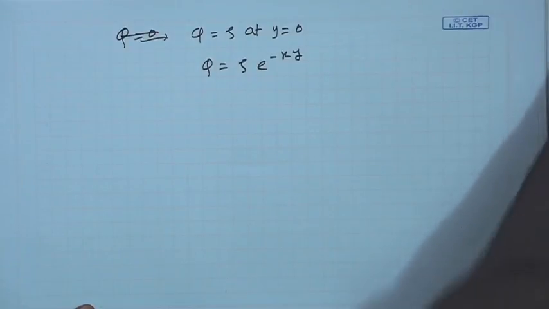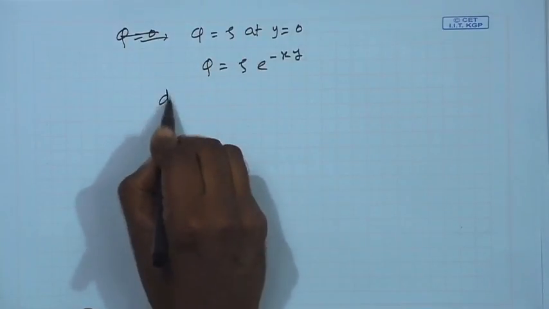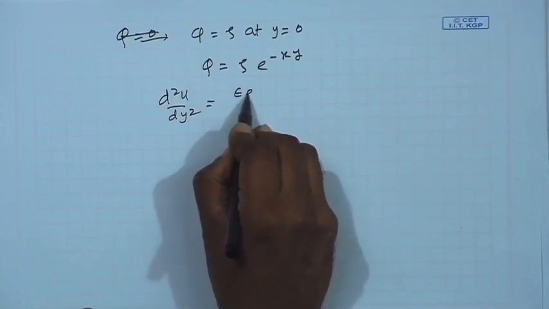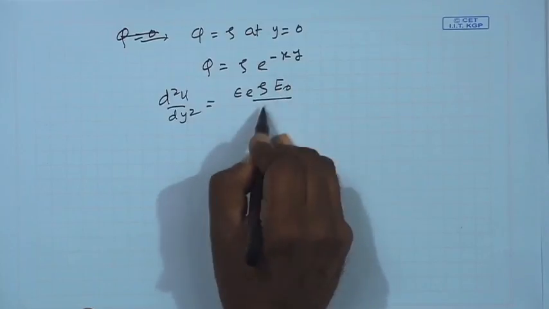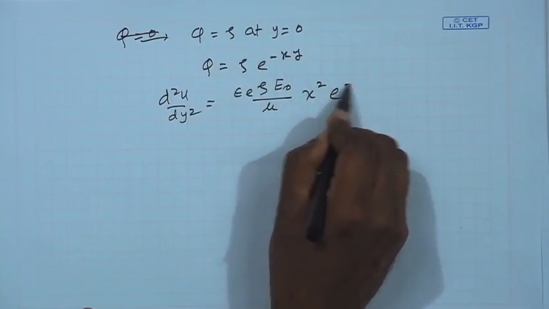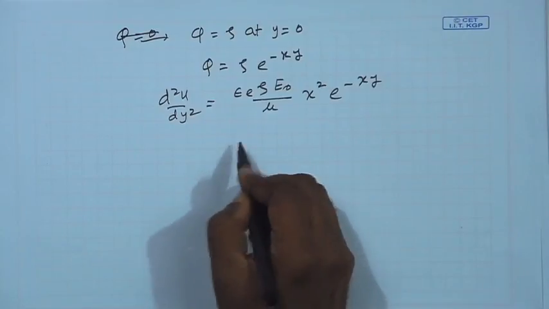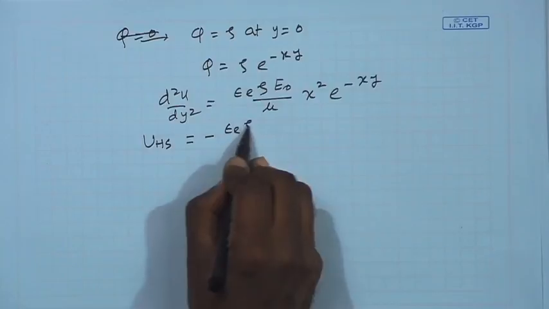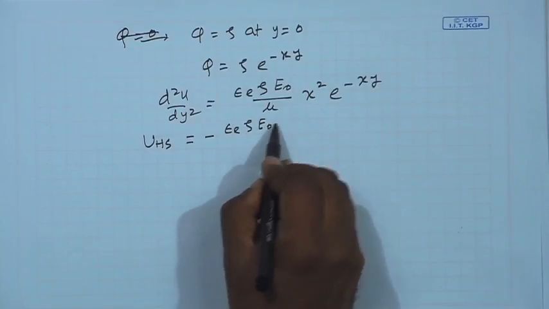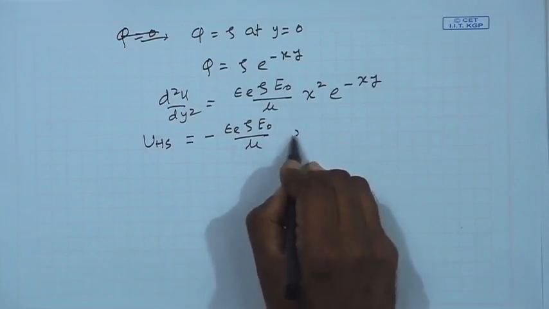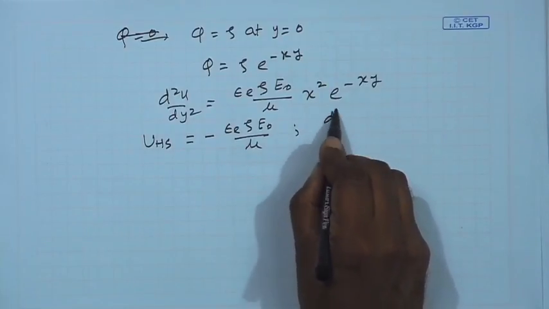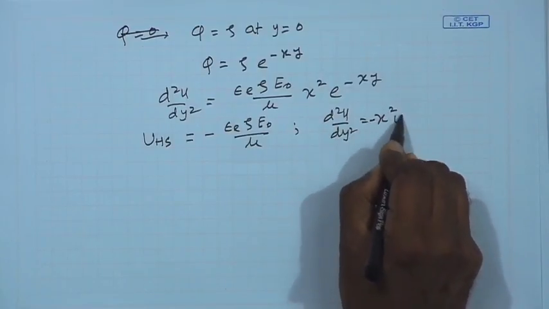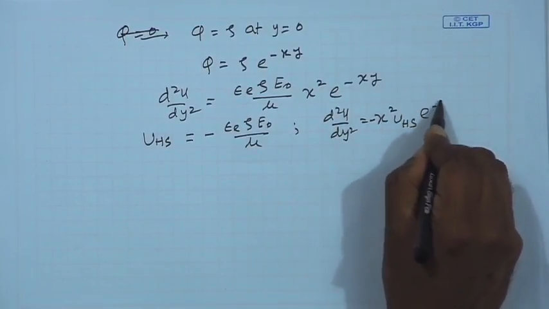We can now write the momentum equation as d2u/dy2 equal to epsilon e zeta E0 by mu, kappa squared, e to the power minus kappa y. Now this is the velocity scale, UHS equal to minus epsilon e zeta E0 by mu. So the equation becomes d2u/dy2 equal to kappa squared, minus UHS, e to the power minus kappa y.